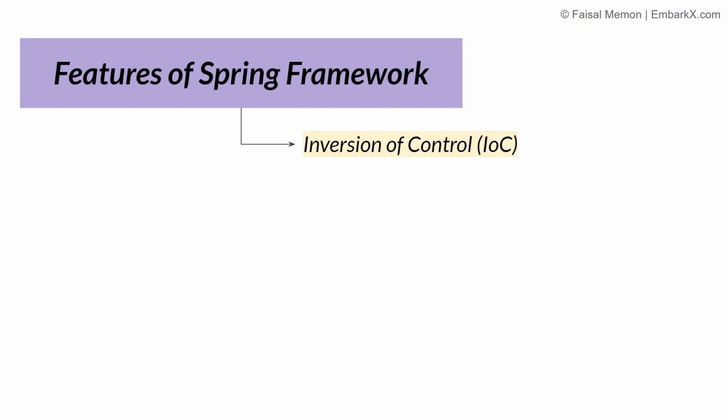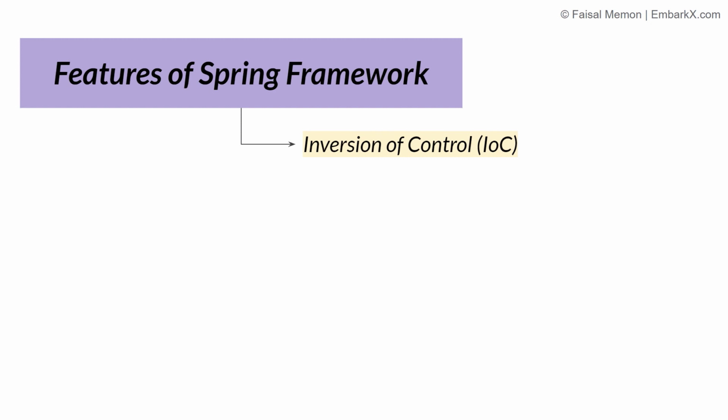In traditional programming, objects were responsible for creating and managing the dependency, but with inversion of control, the responsibility is inverted. Here the framework, which is the Spring Framework, takes charge of this. Now, how does Spring do this? Spring does this with a feature called dependency injection, which allows it to define the dependency of the class externally, and it provides them to the class whenever the class needs it during the runtime.